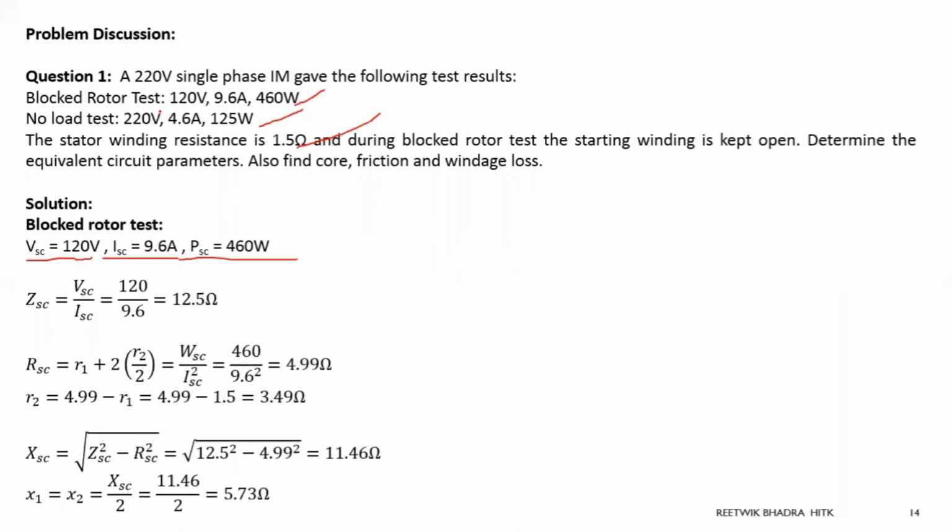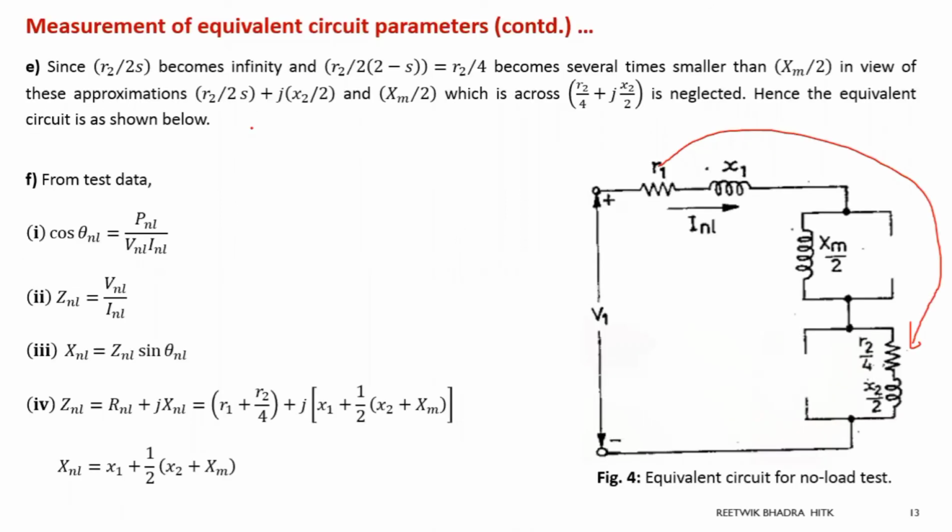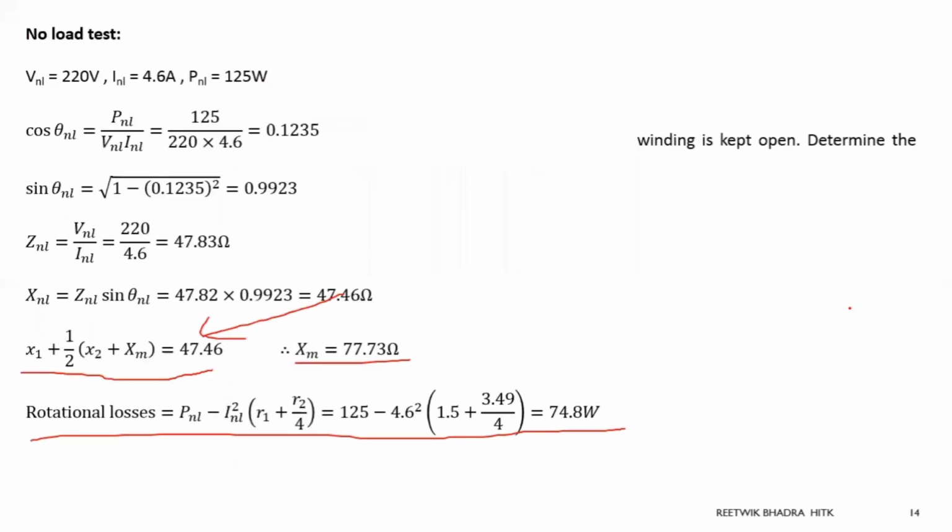So this is my total power loss present, 125 watt, that is at no load. But we are seeing that there is some resistance present over here, so there will be some losses in the resistance also. What is the resistance? R1 plus R2 by 4. So the power is PNL minus INL square into R1 plus R2 by 4.